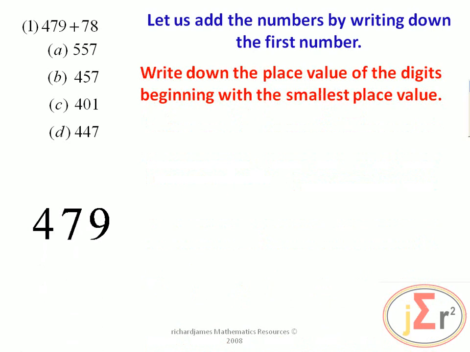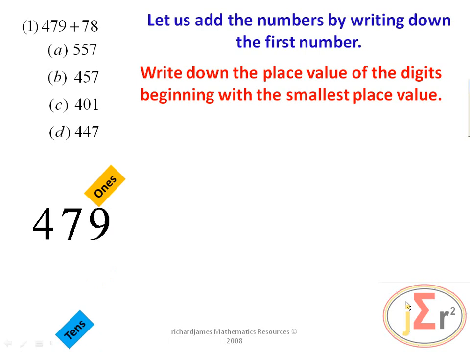Write down the place value of the digits, beginning with the smallest place value. We will write the place values down also. Place values are good to be included. They act as a constant reminder as to the place value of the digits in a number, and that is going to be very useful at the grade 4 level.